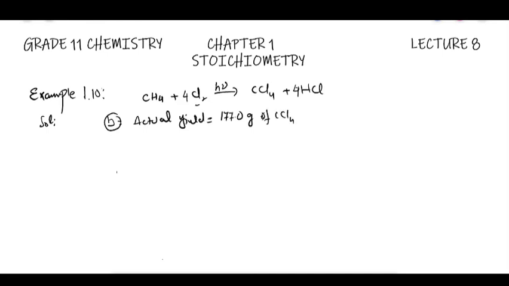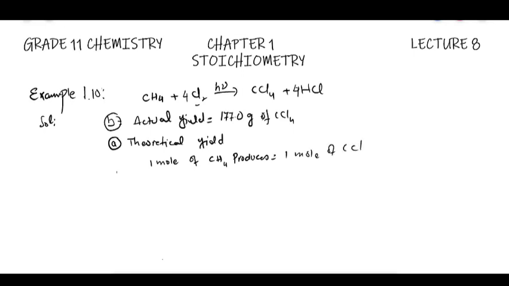Now we have to come to the first part, that is theoretical yield. And you already know that theoretical yield can be calculated from the balanced chemical equation. So from the balanced chemical equation, we know that 1 mole of methane produces how many moles of CCl4? 1 mole of CCl4.